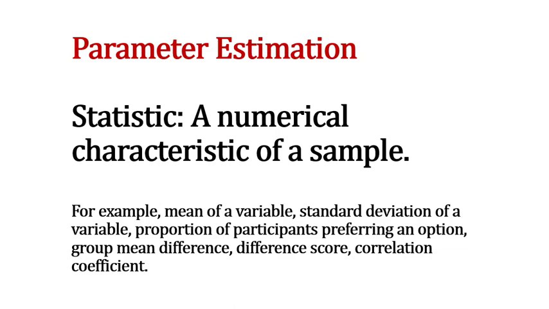For example, the mean of a variable in the sample, the standard deviation of a variable in the sample, the proportion of participants, not of the people in the population, the participants in the sample who prefer an option. In the sample, we separate the sample into two groups, and we want to calculate the mean difference in a variable. Or the people in the sample are measured twice, and we obtain a difference score.